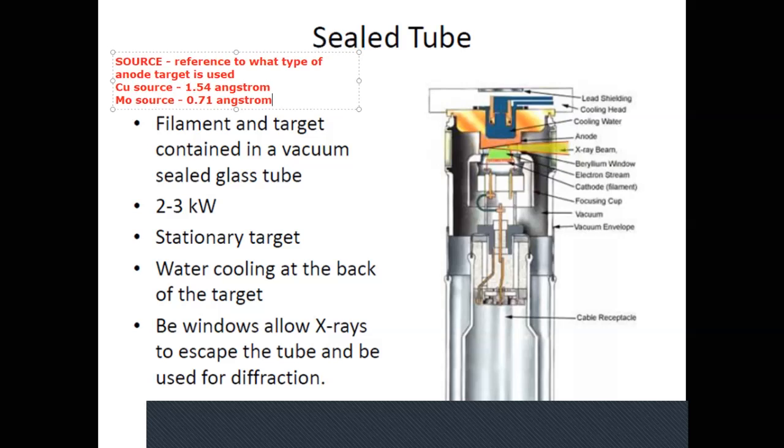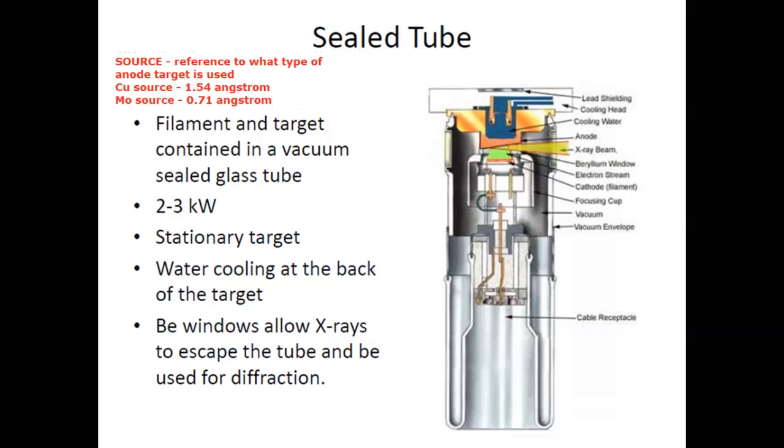On one of our instruments we have a copper source, and on the other we have a molybdenum source. These sources are in what's called a sealed tube. A sealed tube is like a big fancy light bulb that we use to produce the X-rays.